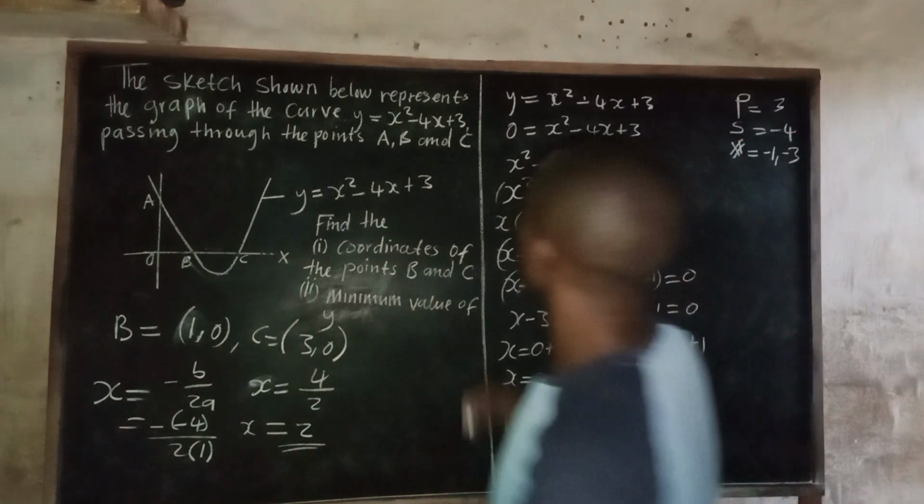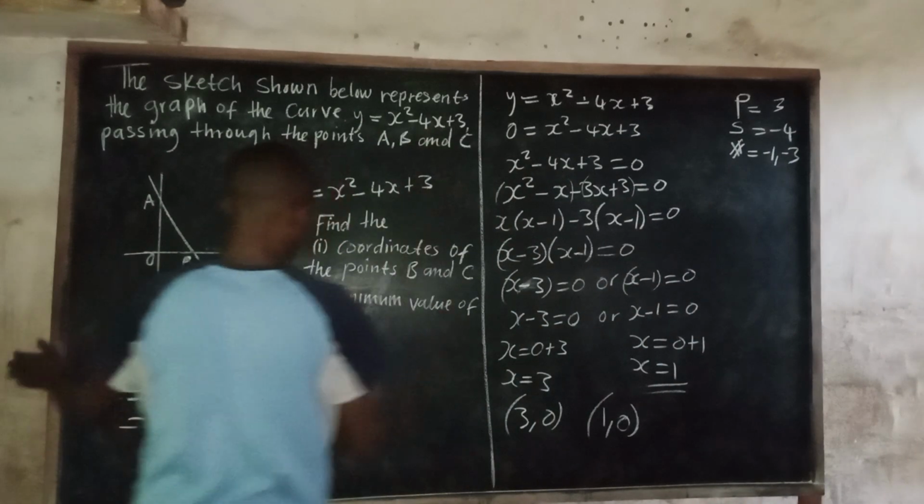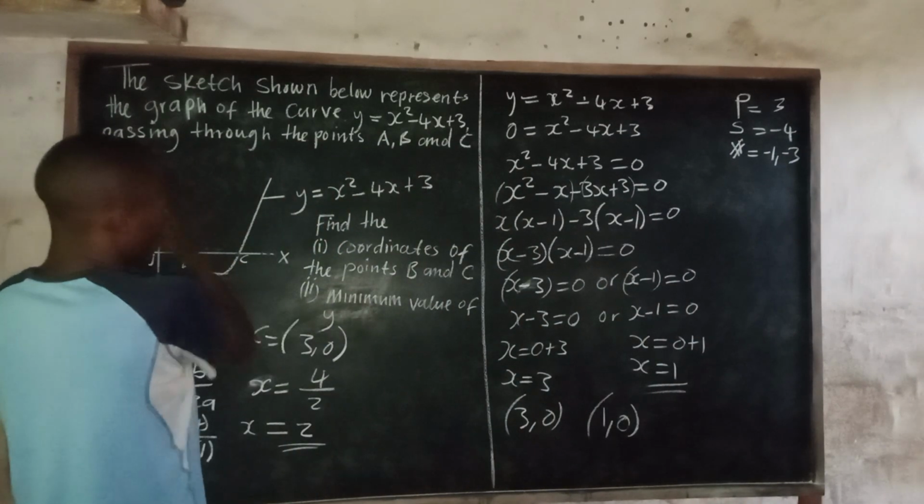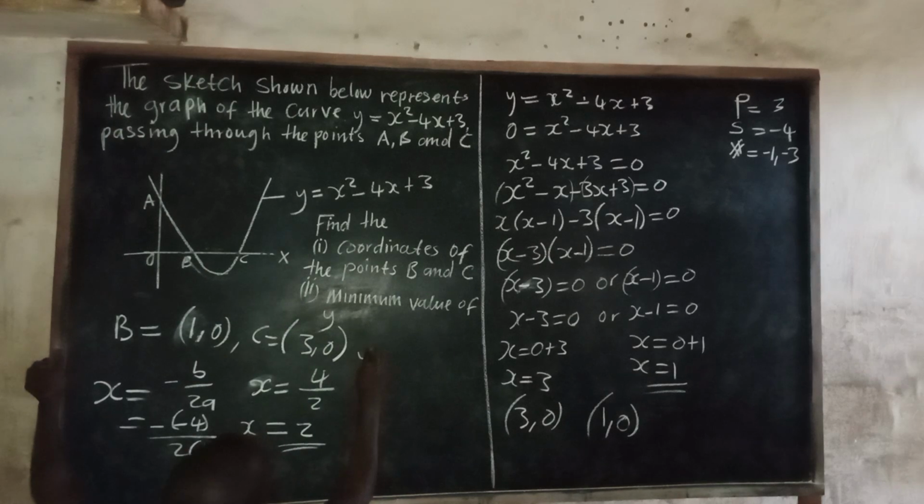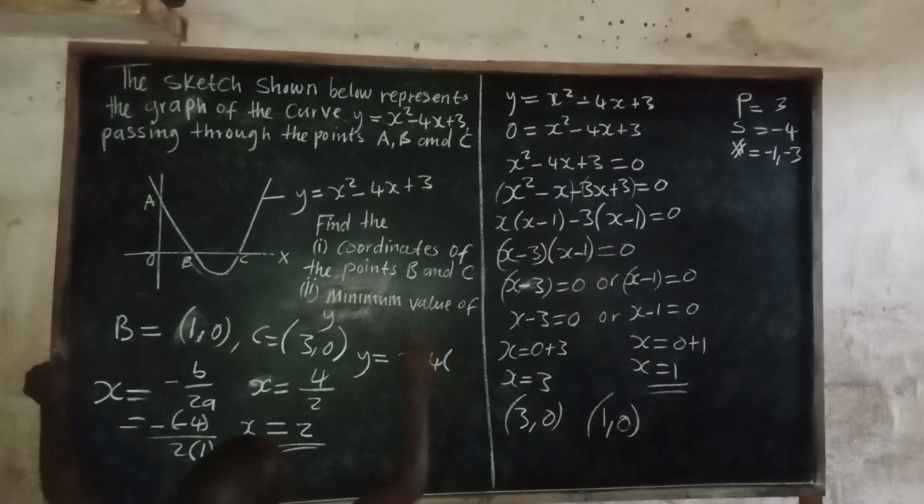Why? Because we are just going to take the equation for this curve that we have. So y equals x squared. Where there is x, put 2, so 2 squared. Then minus 4. Remember there is 4x there.